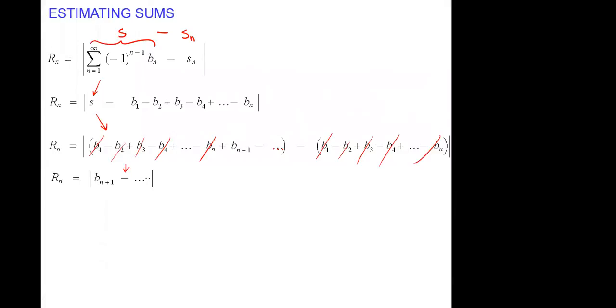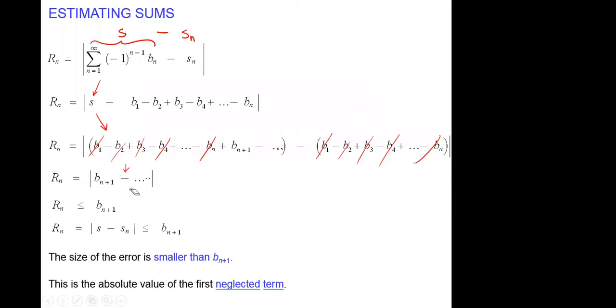That means I can say that my error in this estimation, the difference between the entire sum and the partial sum, is less than or maybe equal, if these numbers are so tiny, to the next term that we didn't use. Okay? We can see the size of the error is smaller than b sub n plus 1.